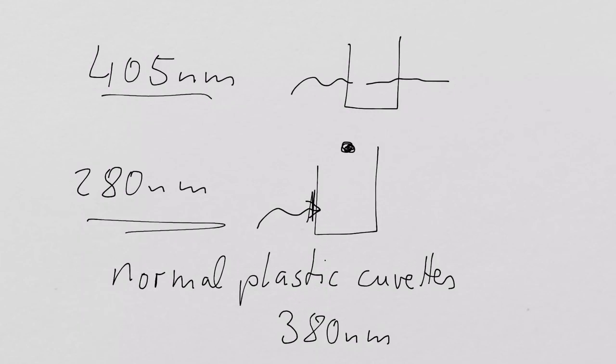Sometimes, before they developed these fairly expensive special plastic cuvettes, they had quartz cuvettes. Quartz, because the mineral quartz does not absorb light in the UV range. Normal window glass does. That's why you can't get a suntan when you lie in your living room and the sun is shining in through the glass.